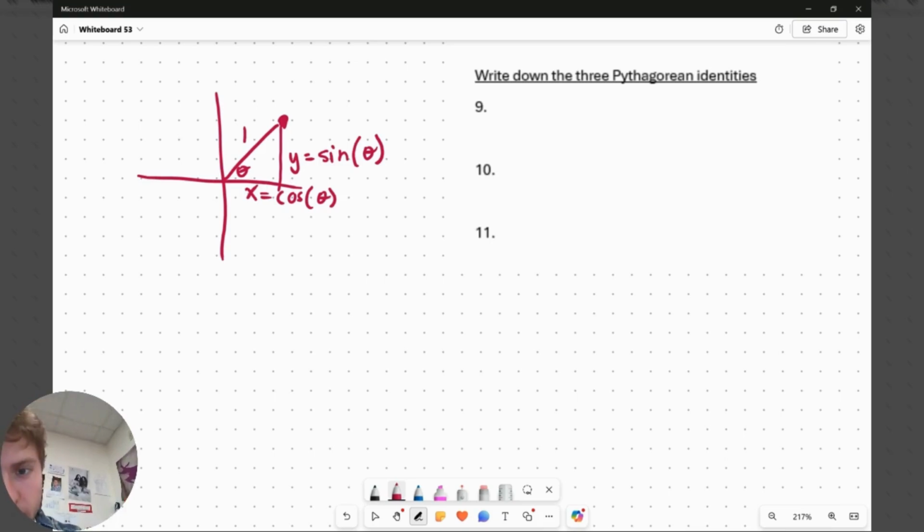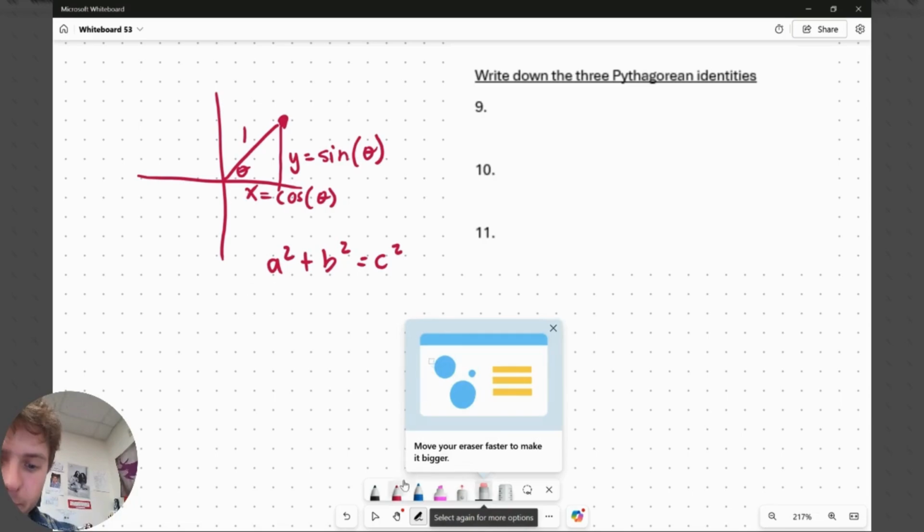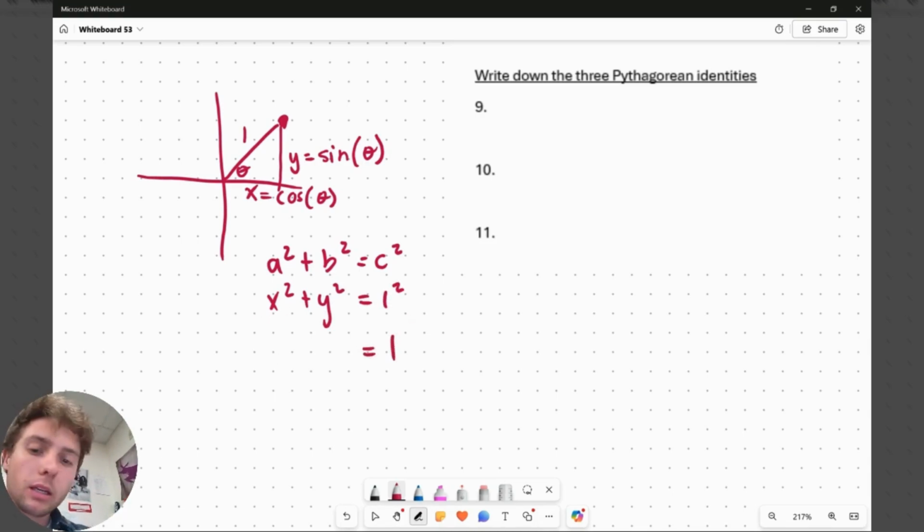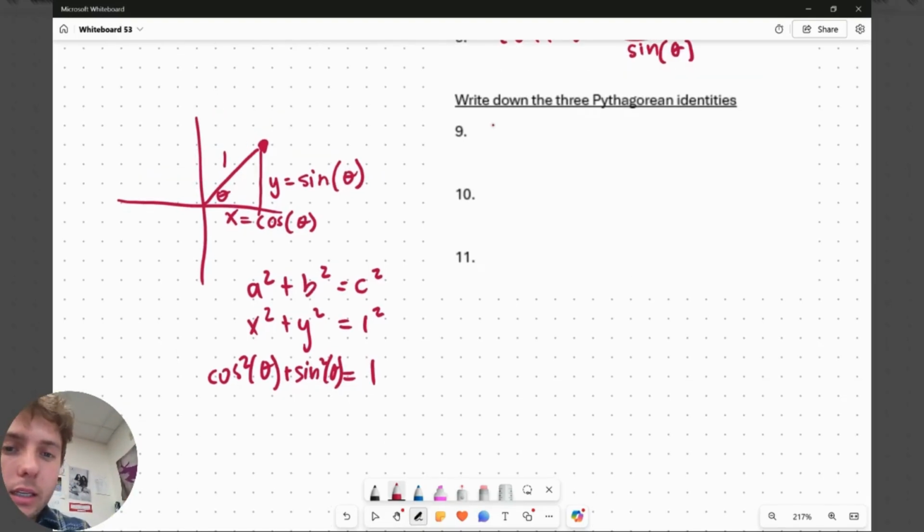If I was looking at the Pythagorean theorem, it would be x squared plus y squared, where our hypotenuse is 1 squared. Simplifying that a little bit, rewriting the different parts, I know x is really just cosine and y is really just sine. And now I have my first Pythagorean identity.